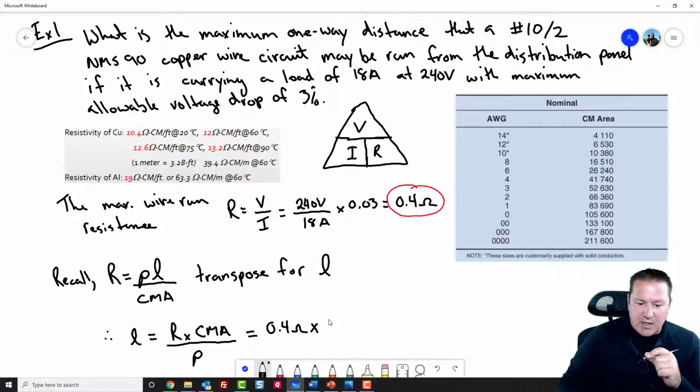Let me get my pen handy. So we have 10,380 circular mills.